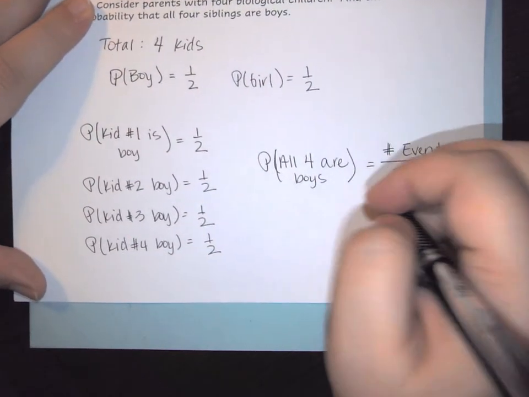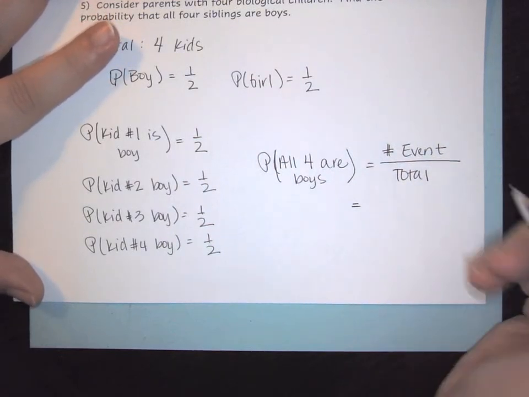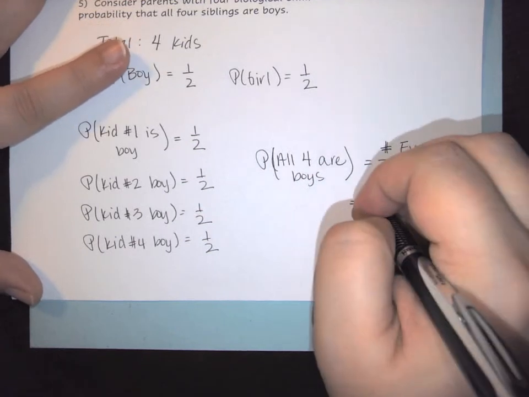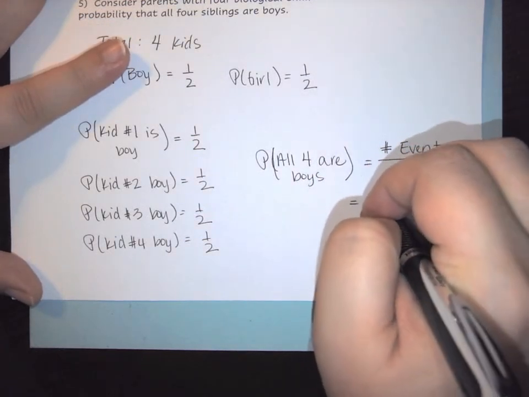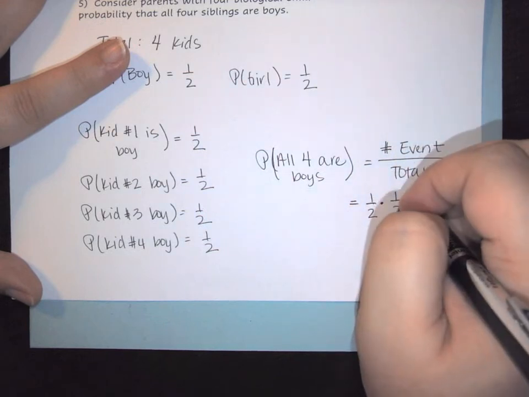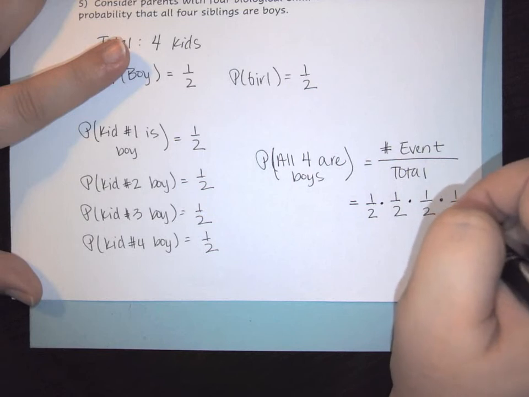So in this case, the probability is going to be that we have to multiply all of these together. My first kid would be 1/2, times my second kid, which is 1/2, times my third, times my fourth.